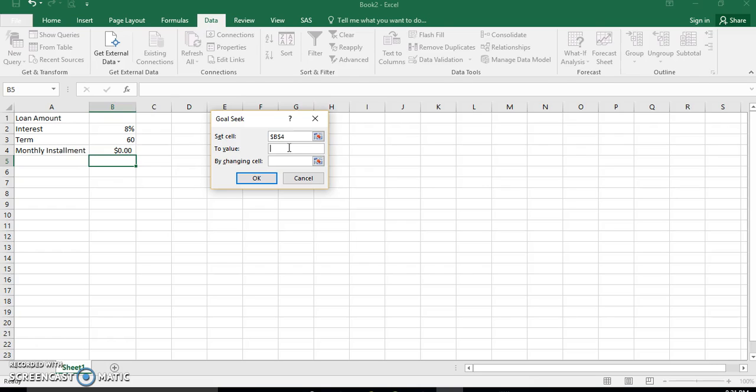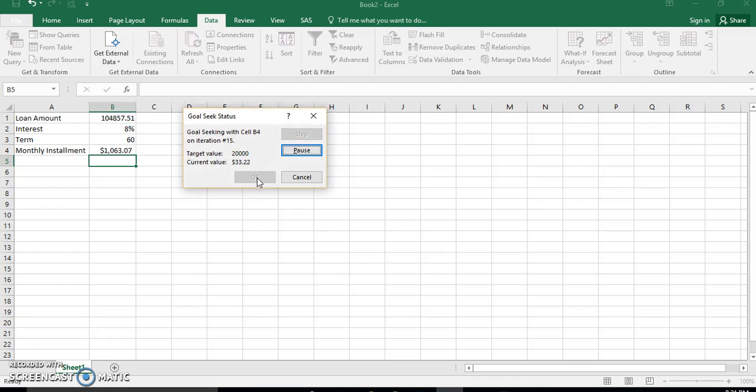Say for example, we can pay 20,000 per month as installment. That means we are fixing B4 as 20,000. Now by changing cell, the cell for which we are trying to find out the value. In this case, we are trying to find out the loan amount, and the cell for that would be B1. Now let's see what goal-seek gives the values as.